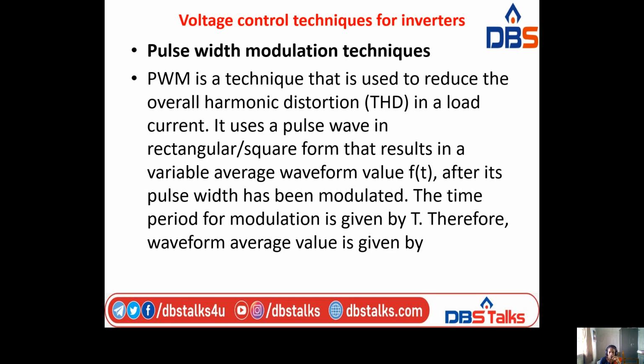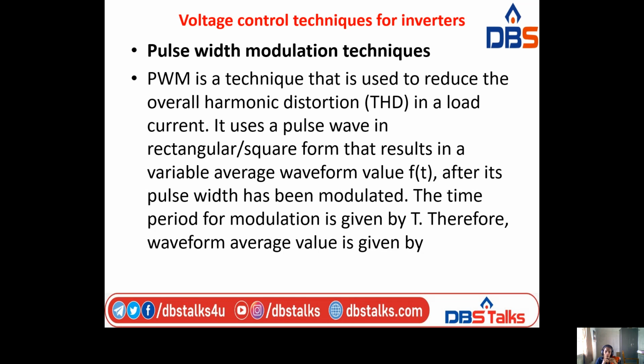It uses a pulse wave, rectangular or square. The result is a variable average waveform value f of t. After its pulse width has been modulated, the time period of modulation is given by T, and therefore the waveform average value is given.